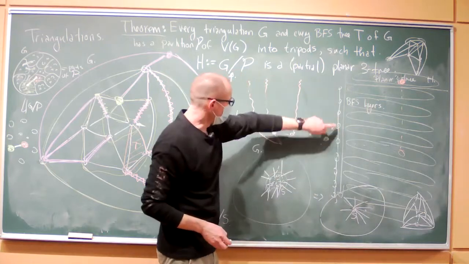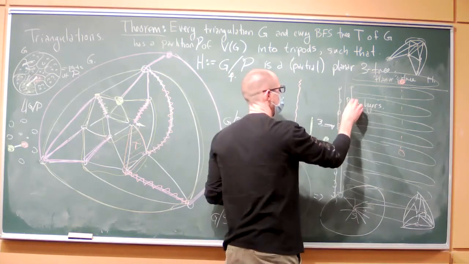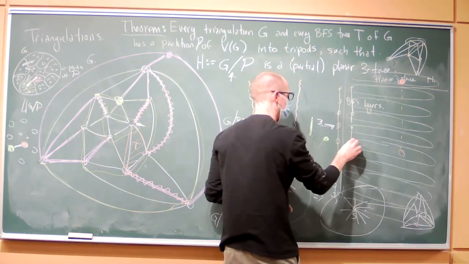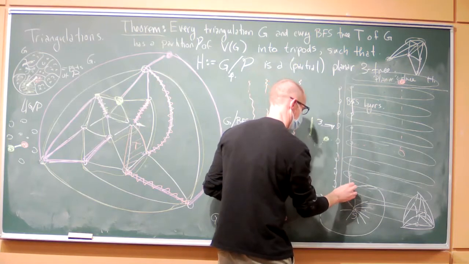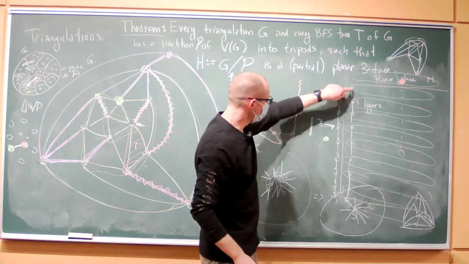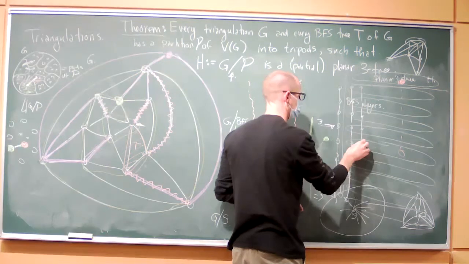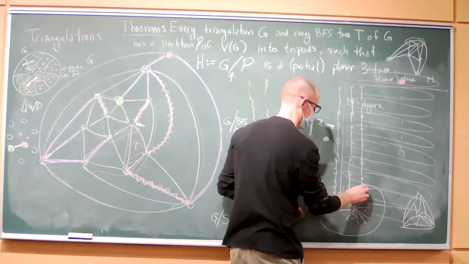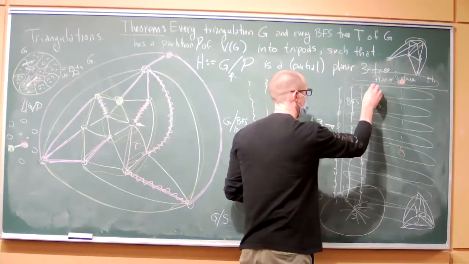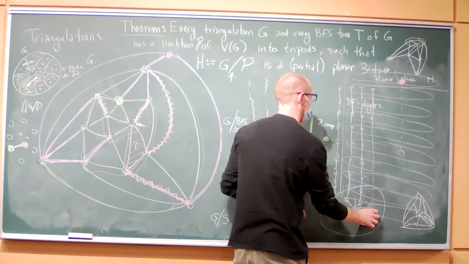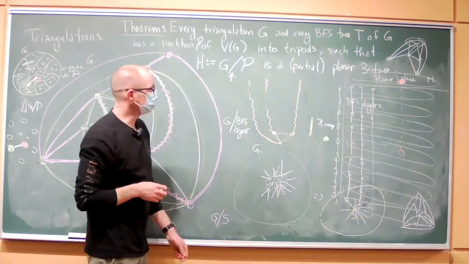And you take this path and you make copies of it. So for each vertex of H, there's a copy of this path that goes through those vertices. Okay. So you get this nice grid.